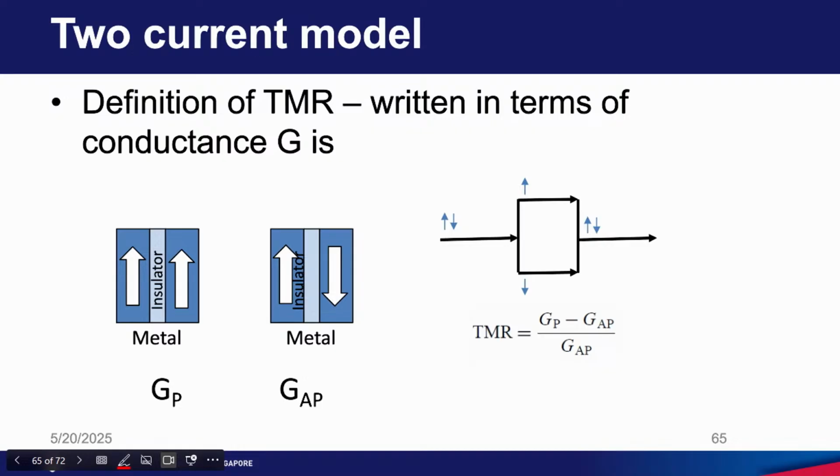Okay, to understand the theory of TMR, there are two models. I told you that the TMR effect was observed in the 1970s. So, there is a very old model called the Julliere model.